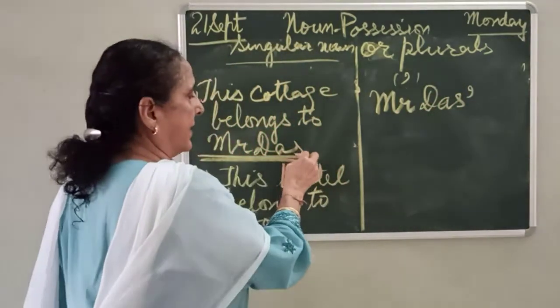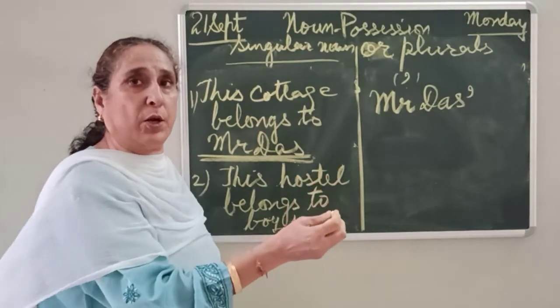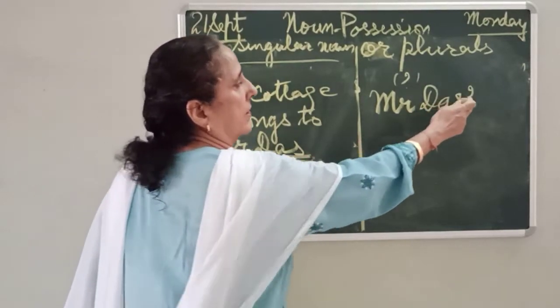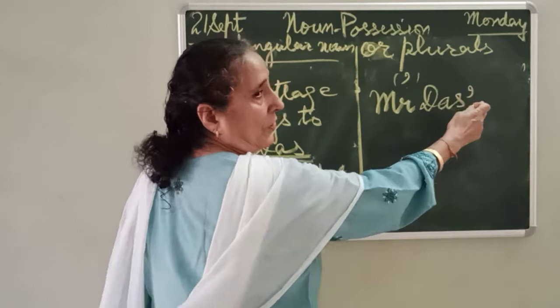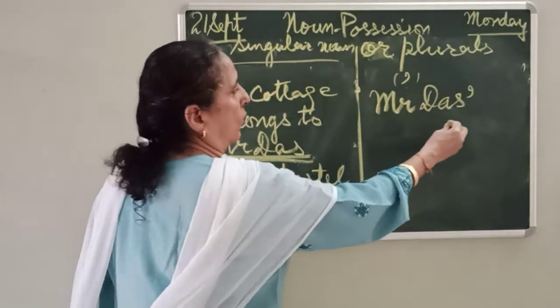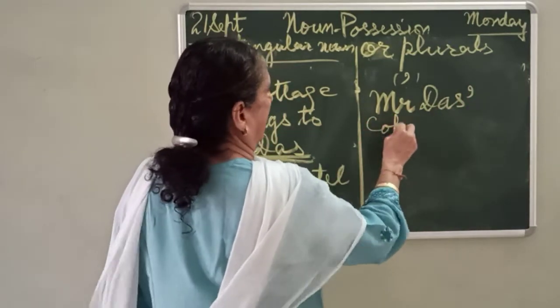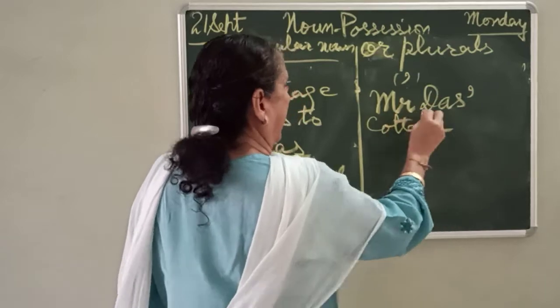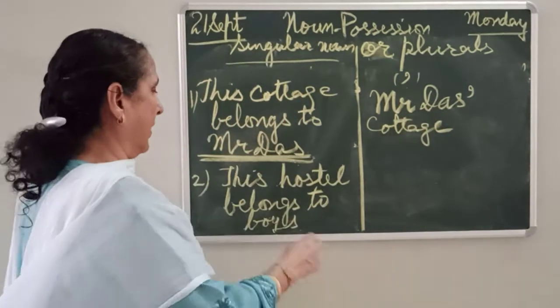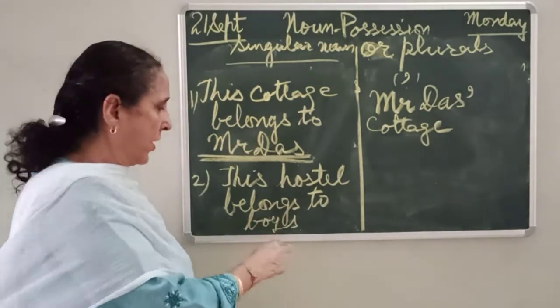If s is already given, you are supposed to write only the apostrophe to show the possession. Mr. Das' cottage. Next, this hostel belongs to boys.